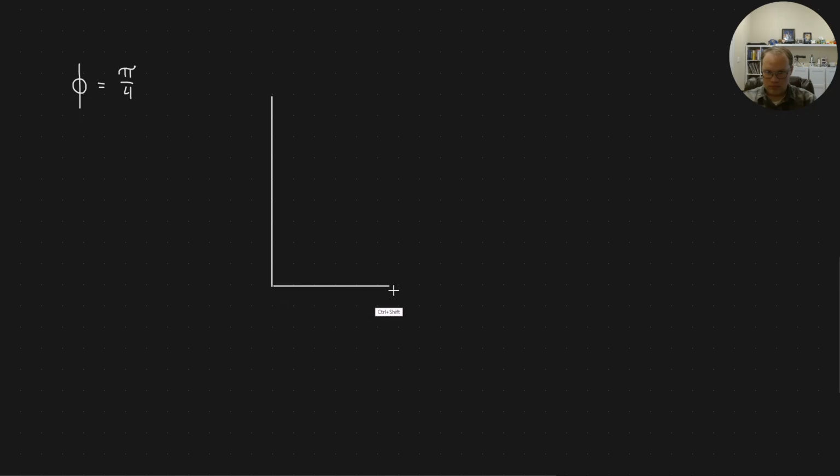What about setting phi equal to a constant value? Okay, let's take phi equals pi over 4. So for phi, you start by pointing straight up and then your angle goes out from there. So pi over 4 would be like right here, right?